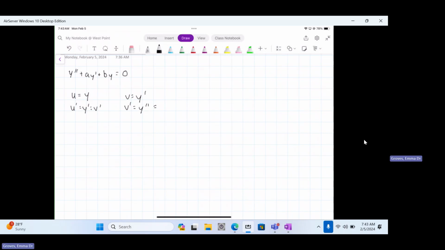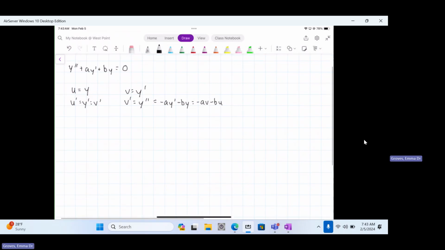Negative ay. Yep, negative ay prime minus by, which we can change into negative av minus bu. All right, so we did this whole change of variables, but what was the purpose of that change of variables?